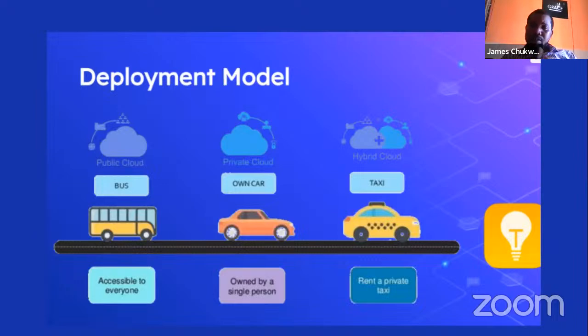Now, the concept of a taxi is this. A taxi is public, no doubt. But the way a taxi works is that I could hire a taxi and pay the man to take only me from spot A to spot B. When I pay for that, he is not going to get more people inside the taxi.